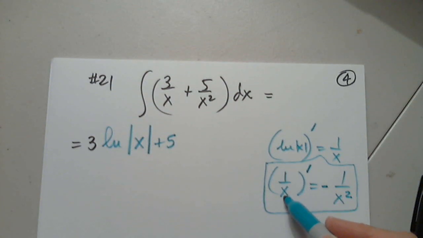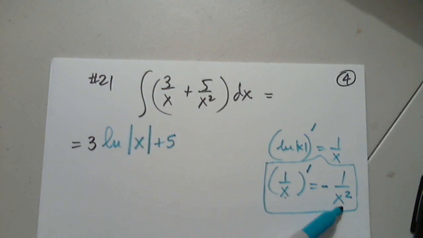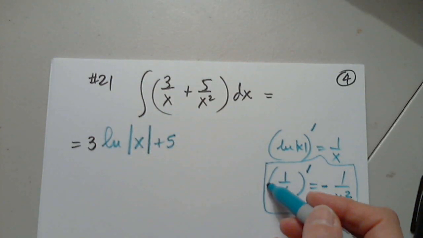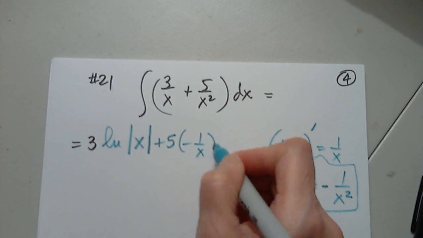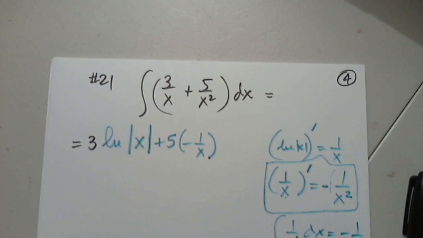When we differentiate 1 over x, we get negative 1 over x squared. When I integrate 1 over x squared, I get negative 1 over x, of course, plus a constant c.